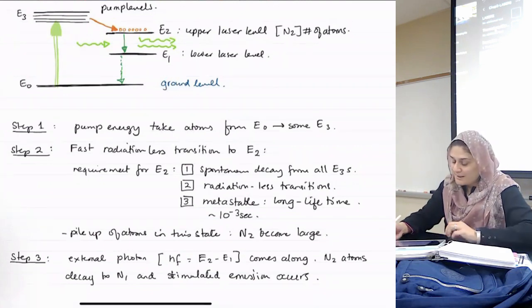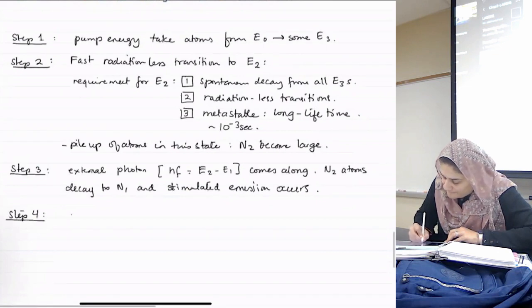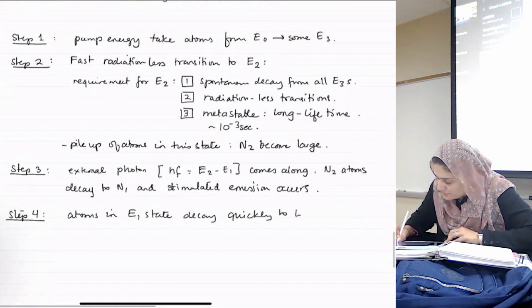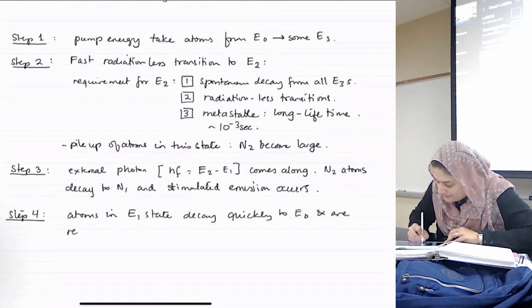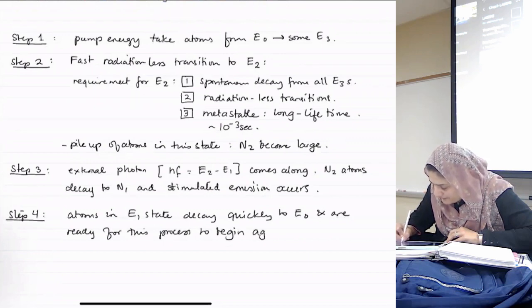And the last step, step 4, atoms in E1 state decay quickly to E0 ground state and are ready for this process to begin again.